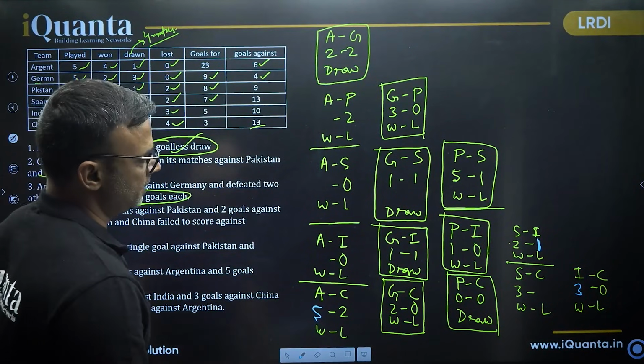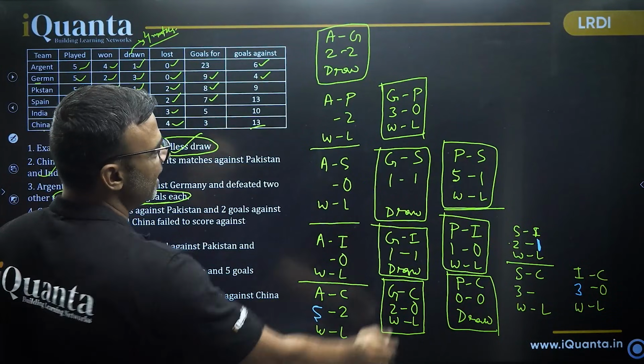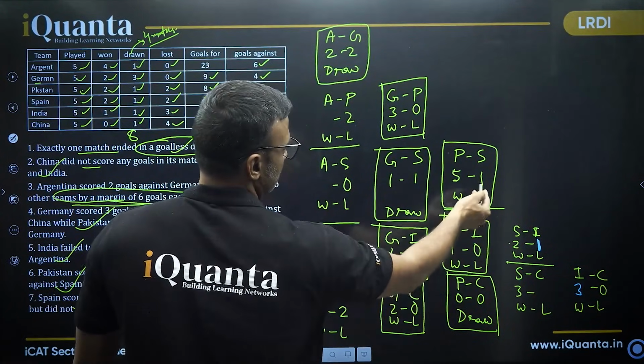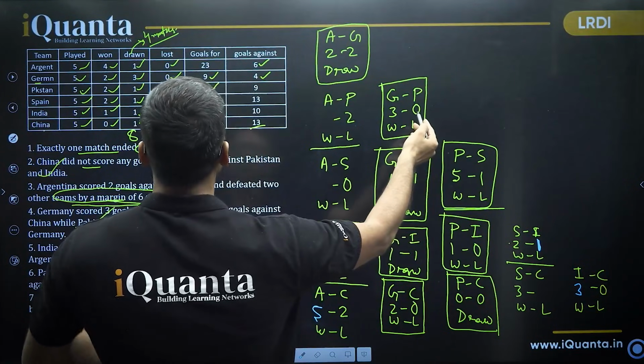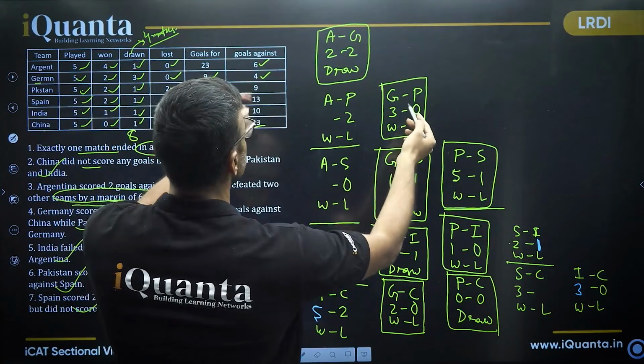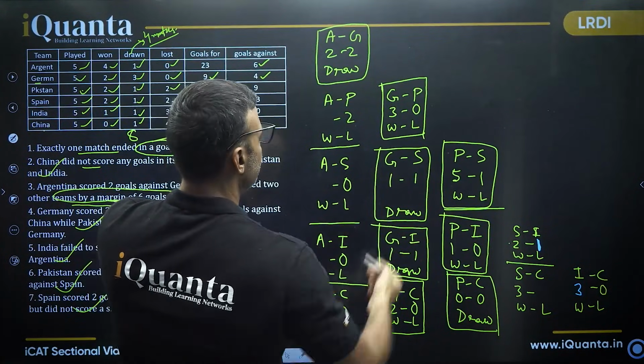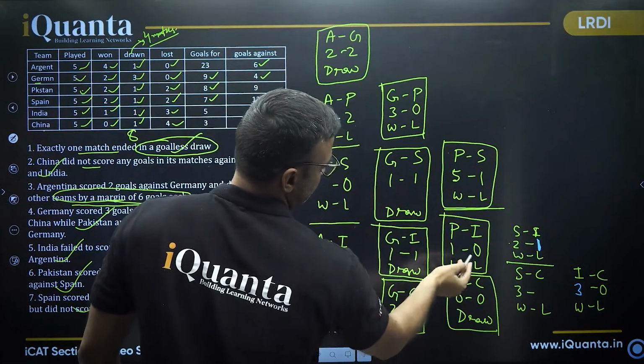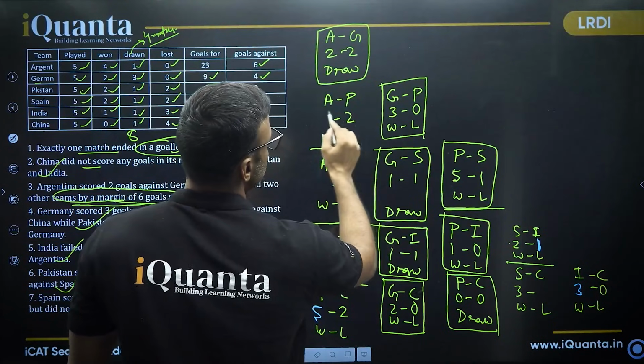Nice. In fact, we could have decided against Pakistan already. See, against Pakistan, this is 1, this is 0, this is 0. So 1 and 0. And against Pakistan, sorry, this is 3. So against Pakistan, 0, 0, 1 and 3. 4. So this has to be 5.